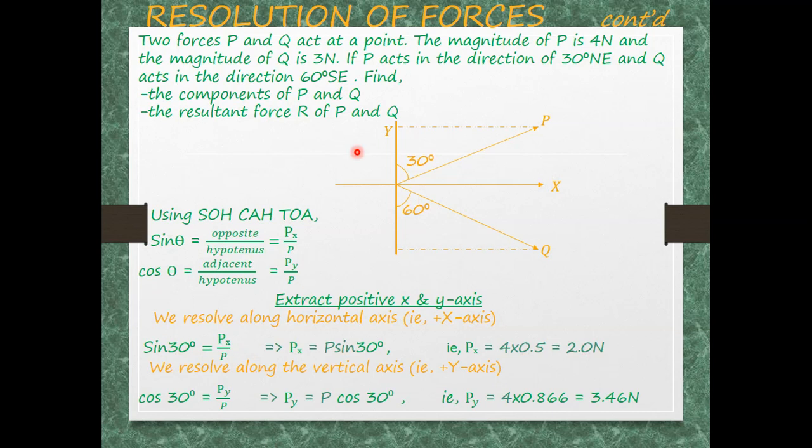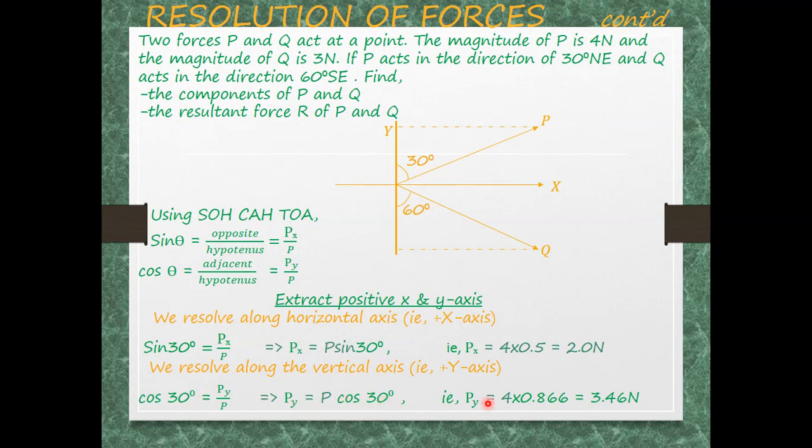Cos 30 degrees equals Py over P. That is adjacent over hypotenuse. So Py equals P cos 30 degrees.